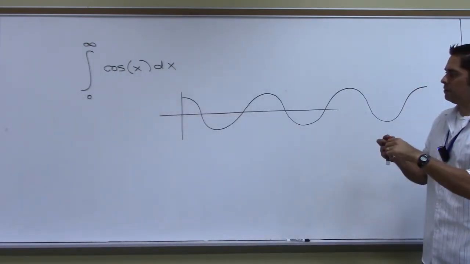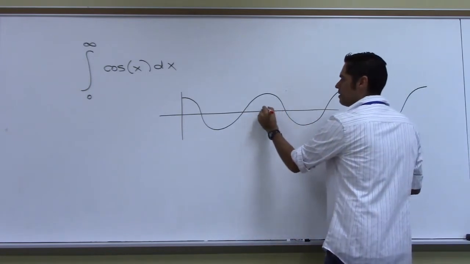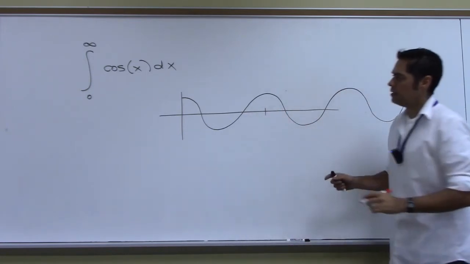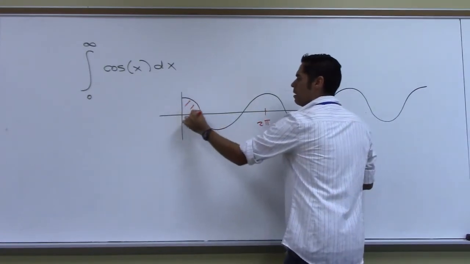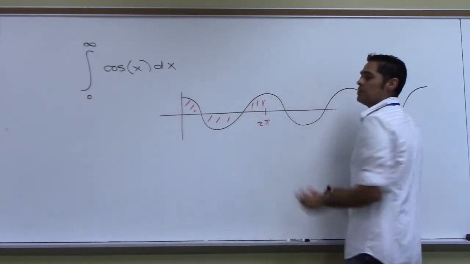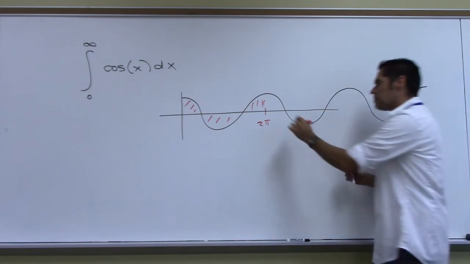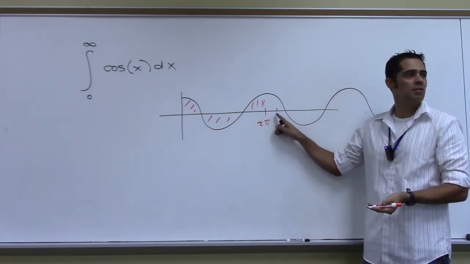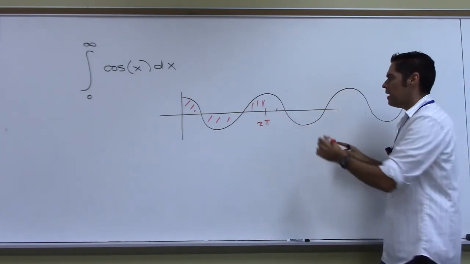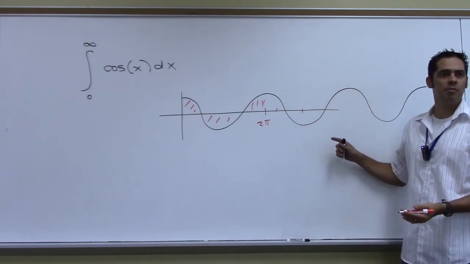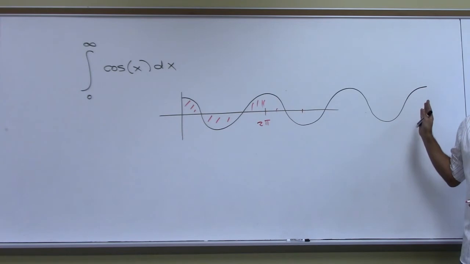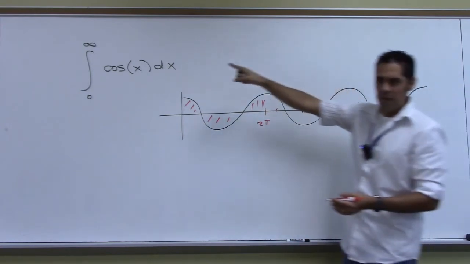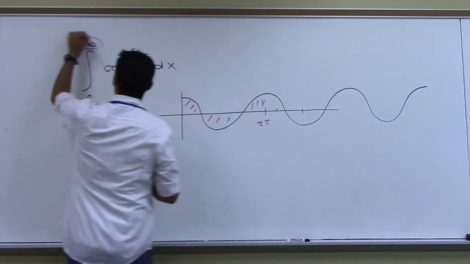So look, I said you can pack up, but please give me your attention, okay? If you were to actually just go out to 2 pi, we showed that the area right there would be 0, wouldn't it? But if I stopped a little bit past 2 pi, would it be 0 anymore? No. If I stopped right there, would it be 0 anymore? No. It's only going to be 0 at multiples of 2 pi, isn't it? So if you're going to infinity, how can you say it's 0?